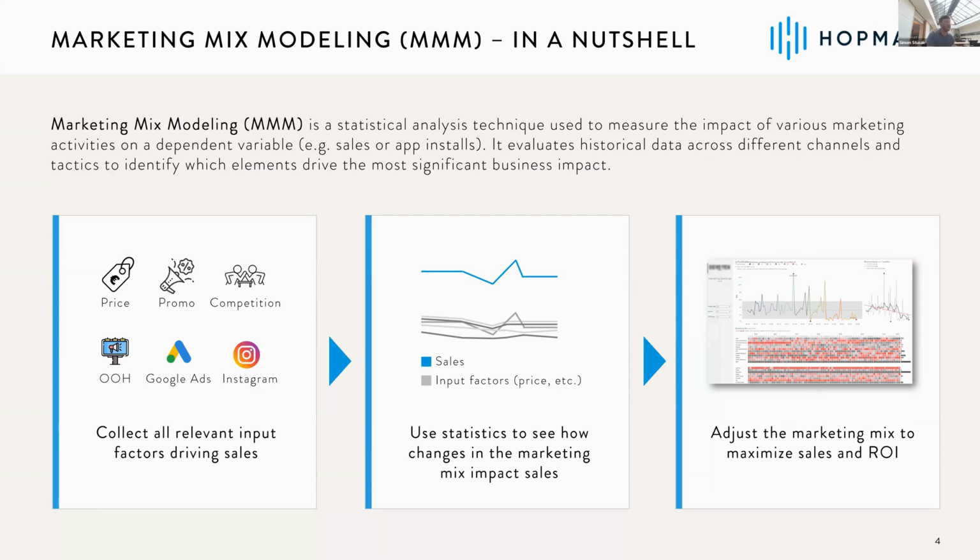Of course, things like Black Friday will probably have an influence on your sales. When you collect all this data, you put it into a marketing mix modeling tool, and the tool tries to evaluate and analyze which channels are actually impacting your sales and which are not. Based on these results, you hopefully can make better judgments on where to spend your money. But that's just in a nutshell. I will get into a bit more detail in the next slides.